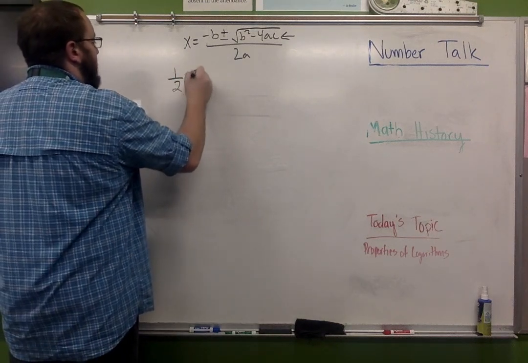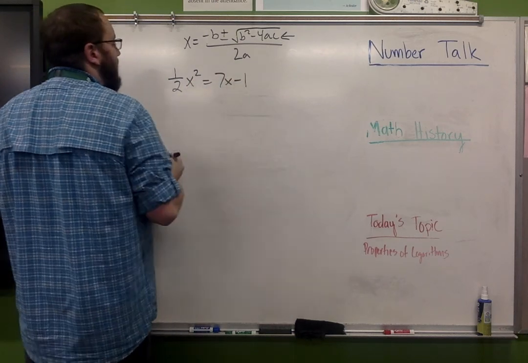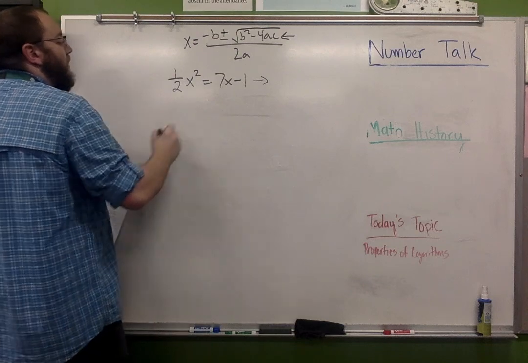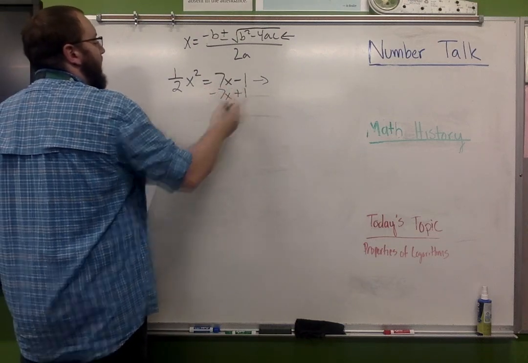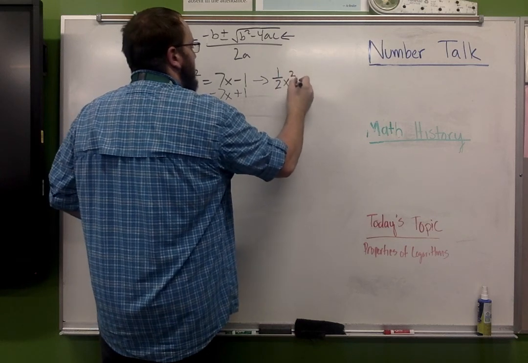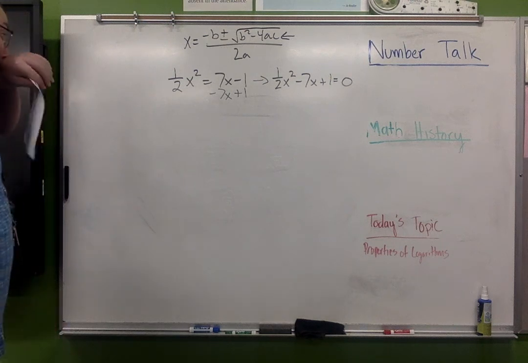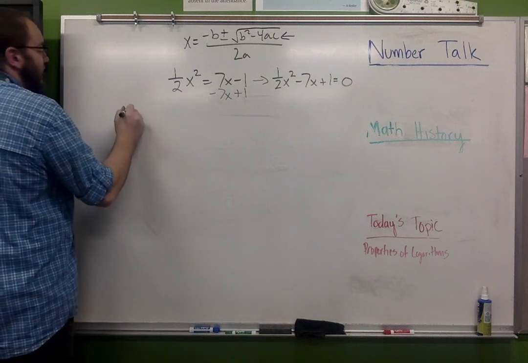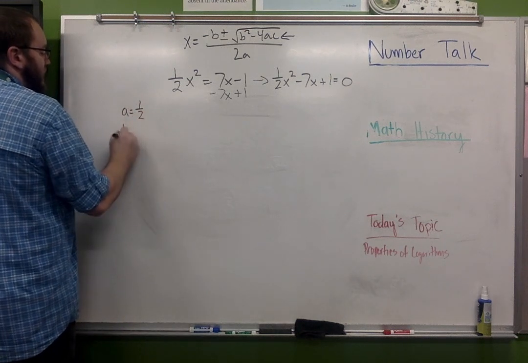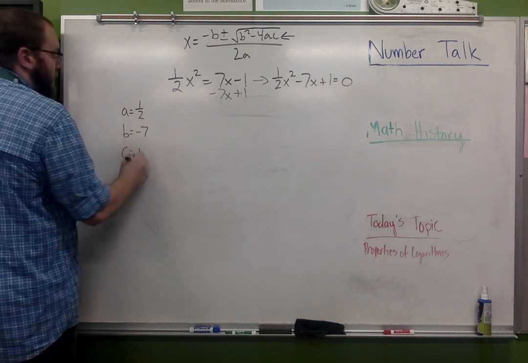One half x squared equals 7x minus 1. We need everything on one side, 0 on the other, so I'm going to subtract 7x and add 1 to both sides. So 1 half x squared minus 7x plus 1 equals 0. So here a is equal to 1 half, b is equal to negative 7, c is equal to 1.